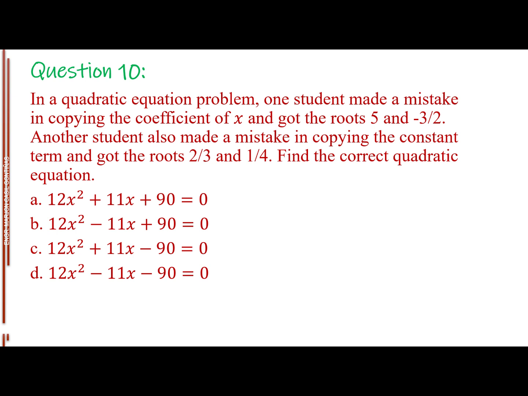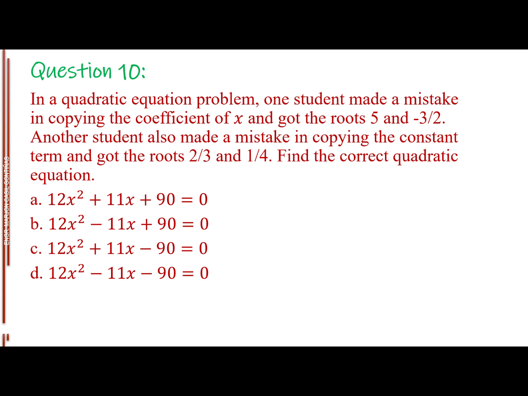In a quadratic equation problem, one student made a mistake in copying the coefficient of x and got the roots 5 and -3/2. Another student also made a mistake in copying the constant term and got the roots 2/3 and 1/4. Find the correct quadratic equation. Letter A, 12x raised to 2 plus 11x plus 90 equals 0.